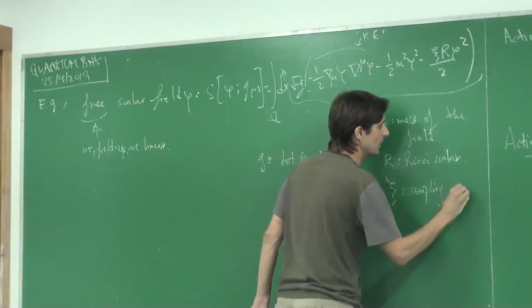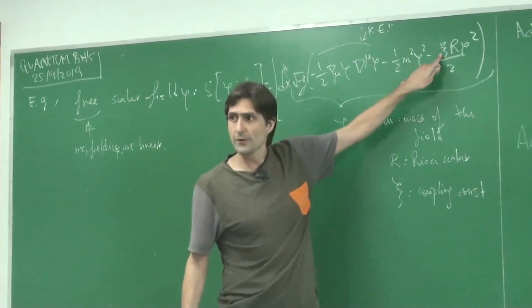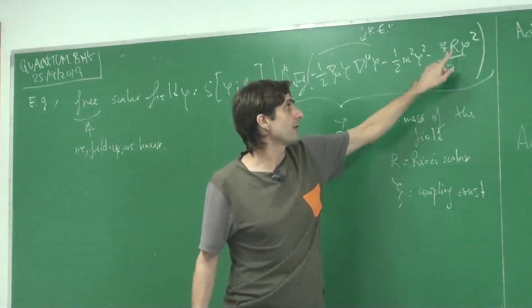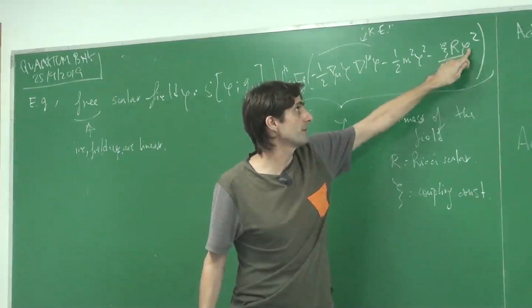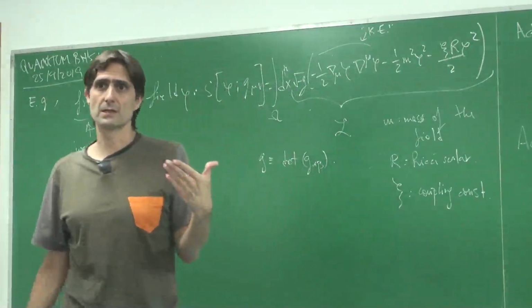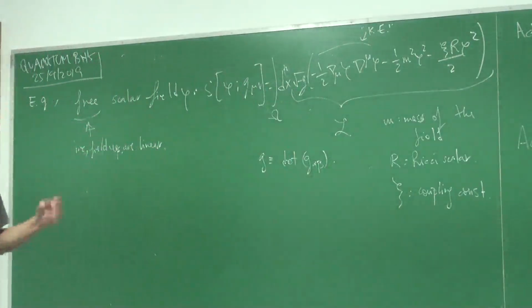It's a coefficient of the coupling between the scalar field phi and the Ricci scalar, which really has the second order derivatives of the gravitational field.